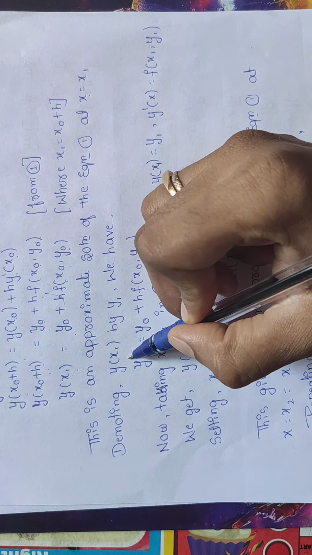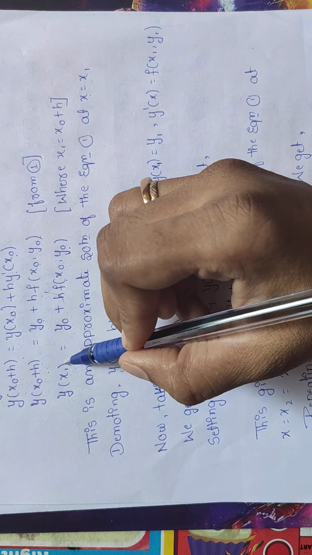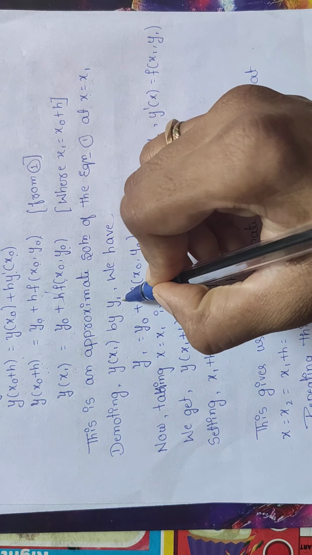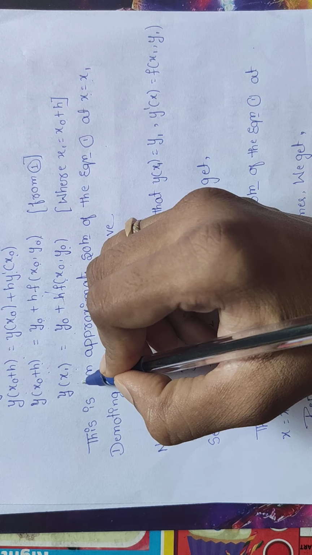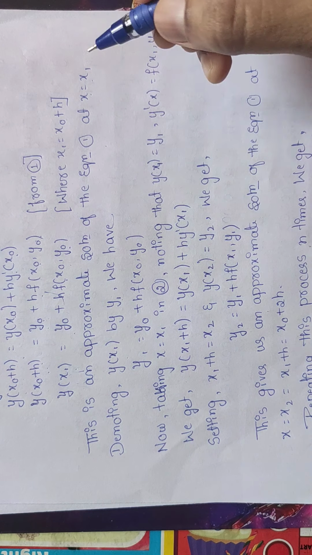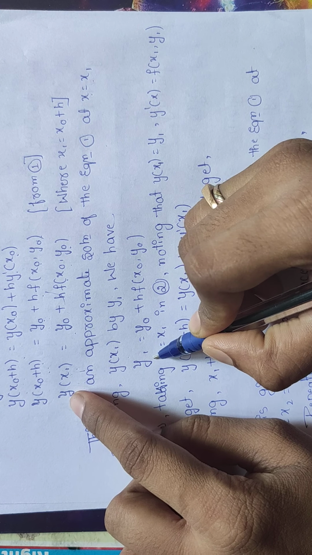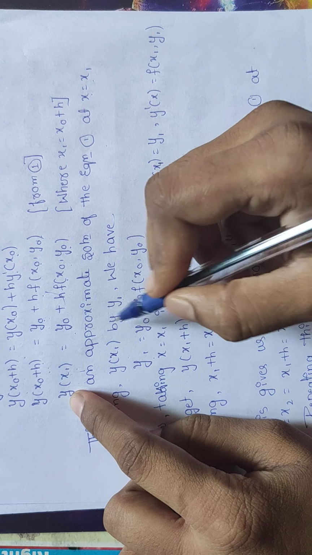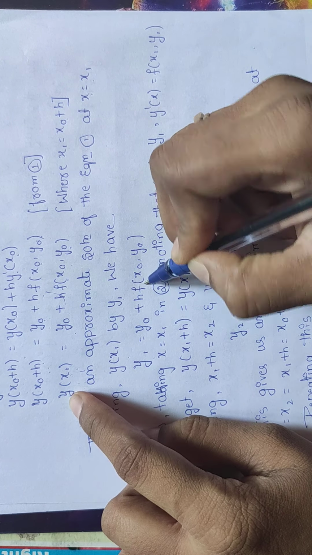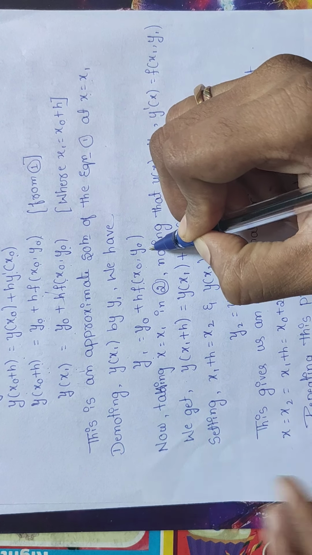Denoting y(x1) by y1, we get y1 = y0 + h f(x0, y0).